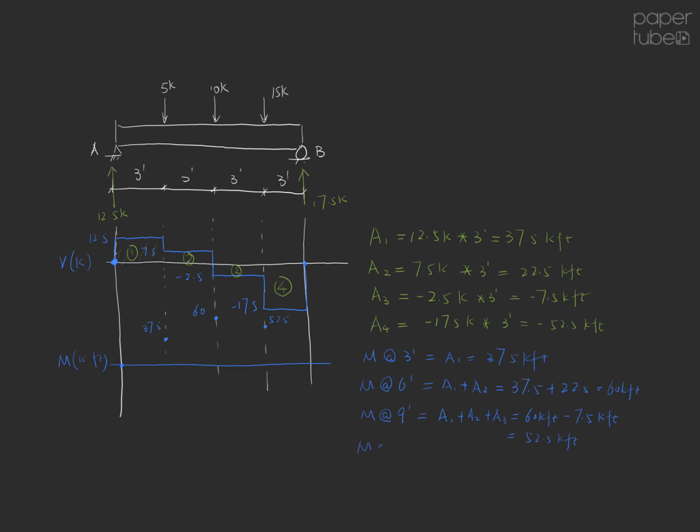Moment at 12 feet is going to be A1 plus A2 plus A3 plus A4. That would give you 52.5 cubic feet minus A4, which is 52.5 cubic feet. That gives you 0. Okay, good. So we confirmed it. Now we have all the dots in our moment diagram.